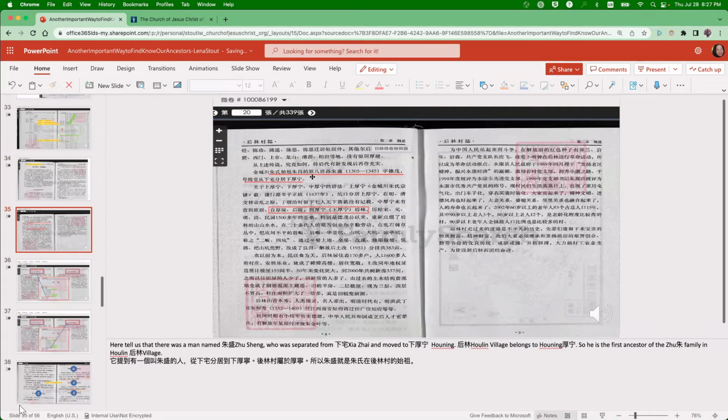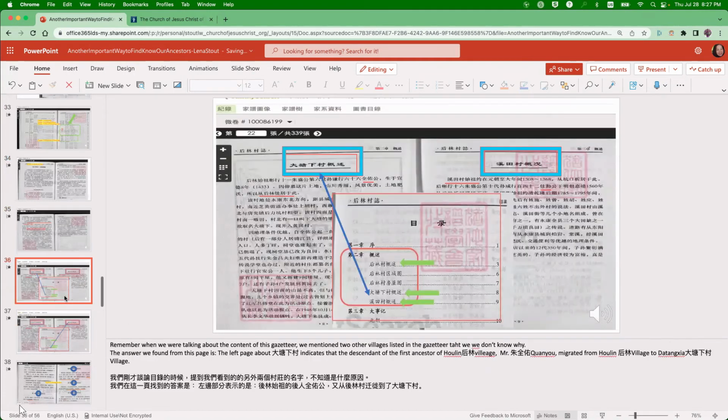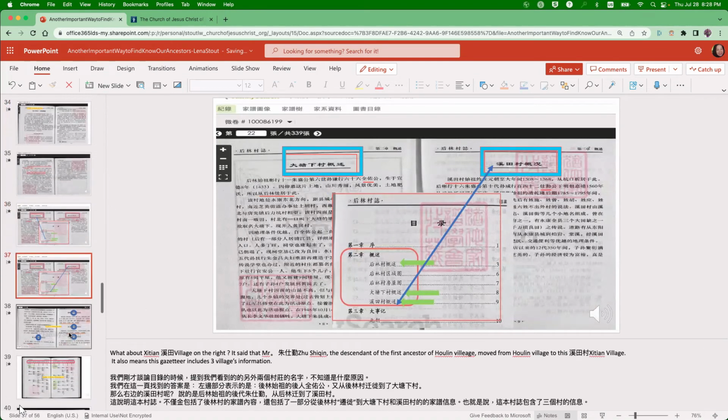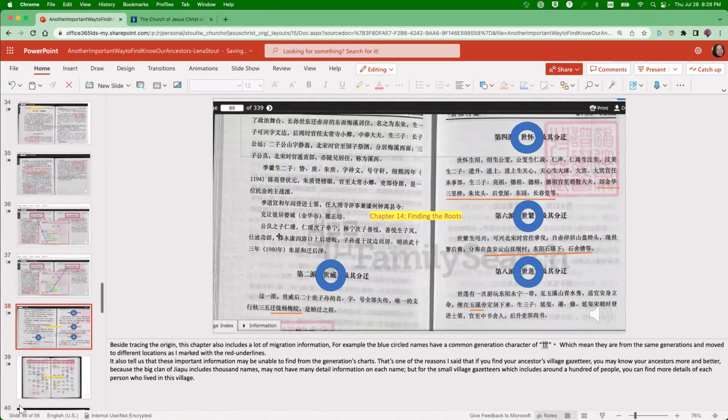You have to catch some key words, and then you know where they are coming from, who, and when. It's a more detailed thing. And this explains why another two villages are included. That reason comes from this reading.